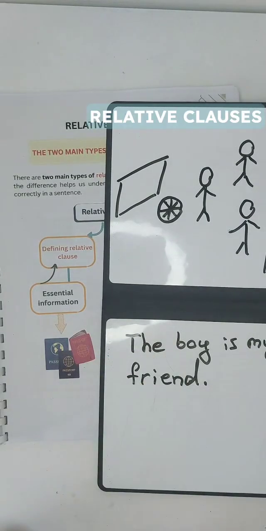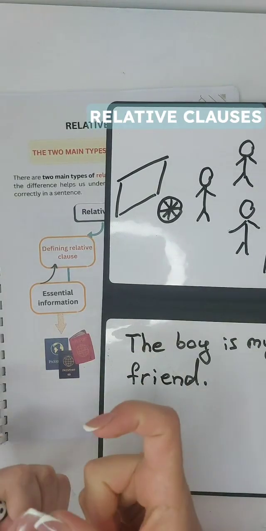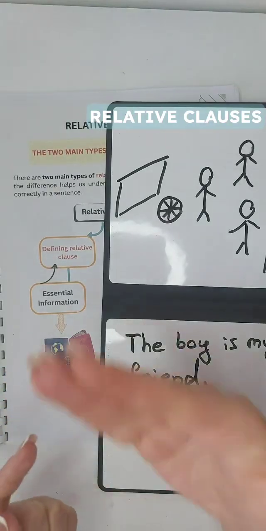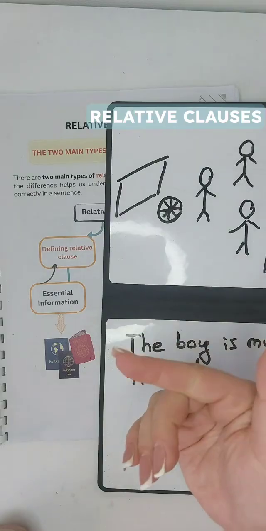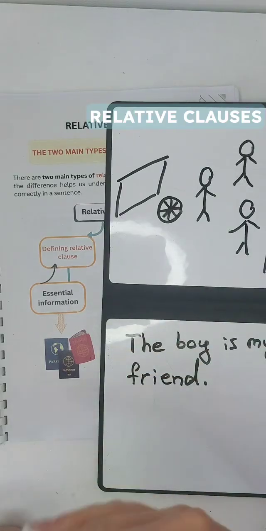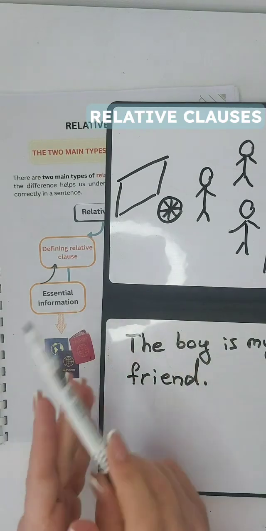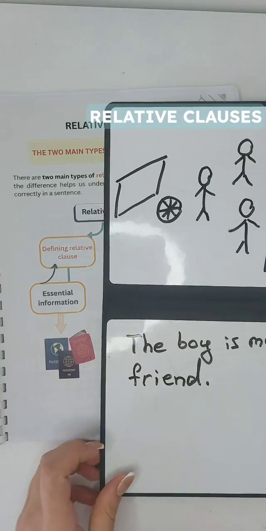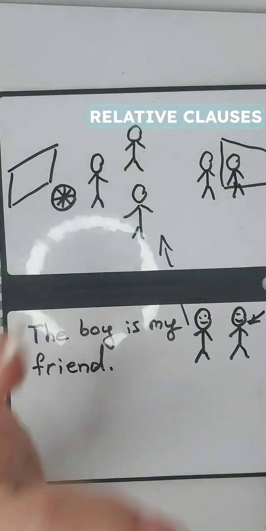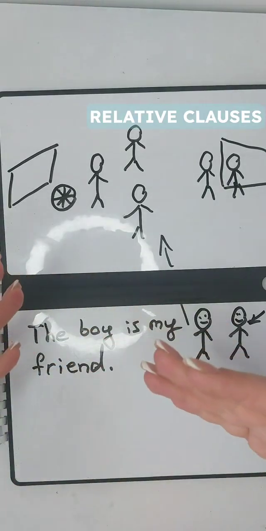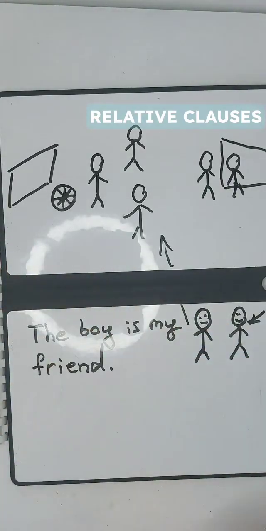It works like a passport. It helps us provide essential information to make the listener understand which boy we are talking about. That's how a defining relative clause works. However, there are some rules we should know when using defining relative clauses.